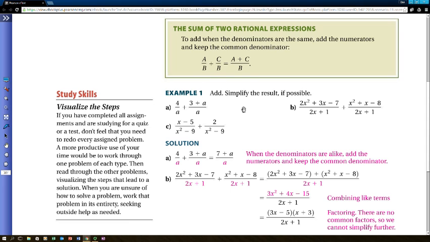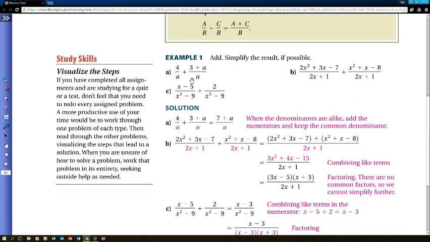But the rules are that way, so when the denominators are already the same, like in example A, 4 over A plus 3 plus A all over A, I can just add the numerators.